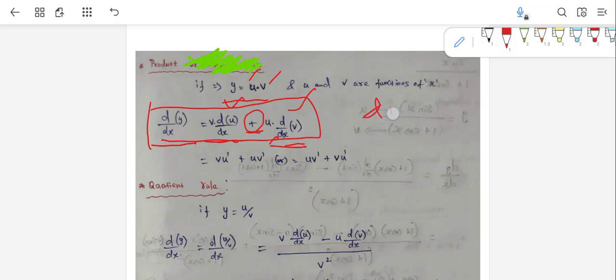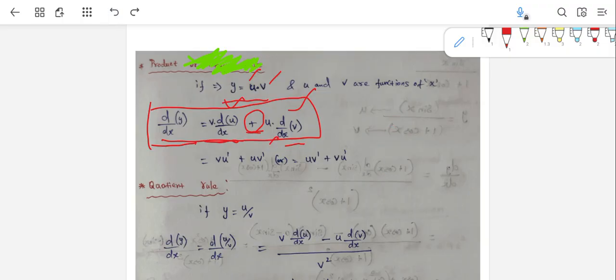See guys, this dy by dx we can mention in many ways. So y dash you can say, y1 also you can keep. Better you can use this y dash or dy by dx alone, because y1 may look like an equation and you may get confused.